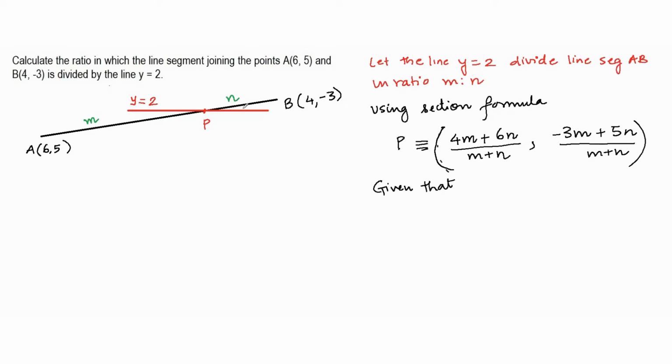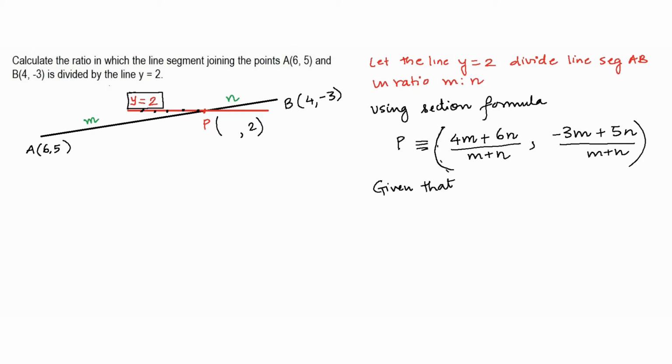Now it is given that the line is y equals 2. That means the y coordinate of P has to be 2, because every point on the line y equals 2 will have its y coordinate equal to 2. That is why the equation of this line is y equals 2.